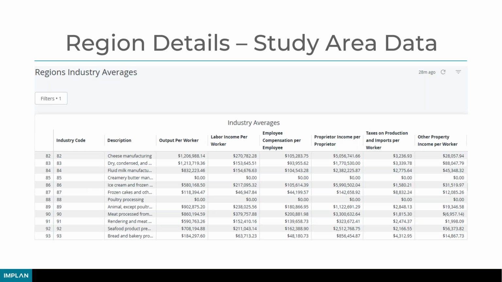So in other words, how much output per worker in the bread and bakery products industry in Hennepin County. We're looking at about $184,000 of output per worker. How much labor income is being generated per worker?